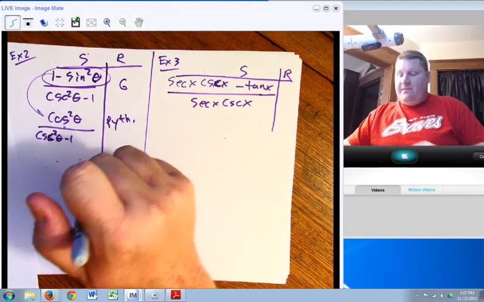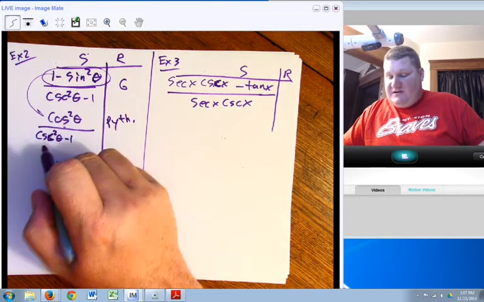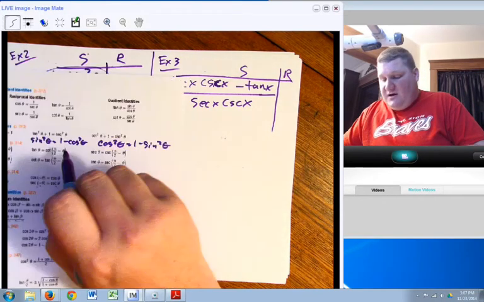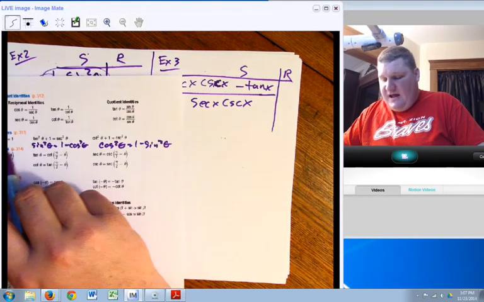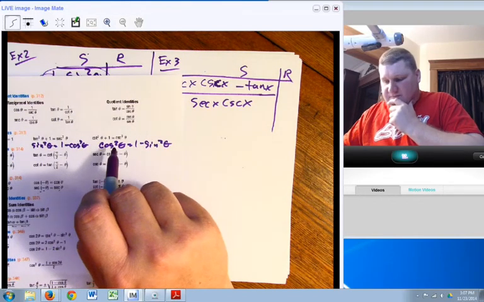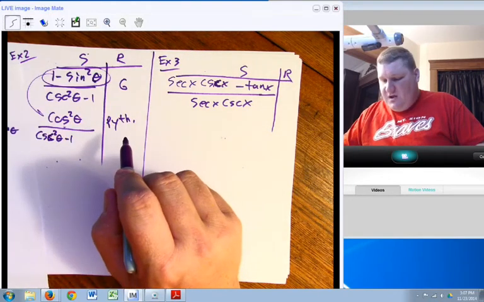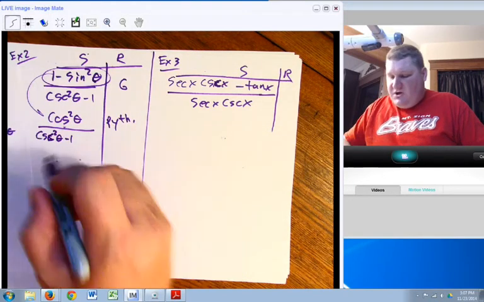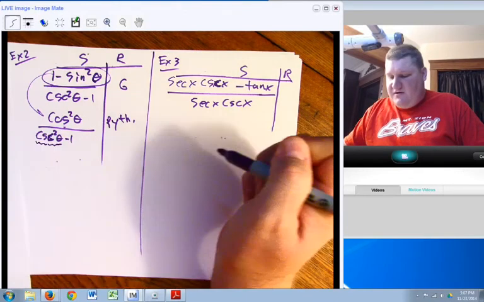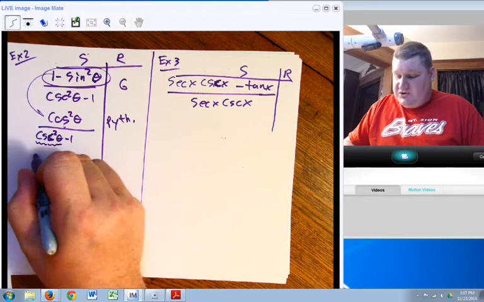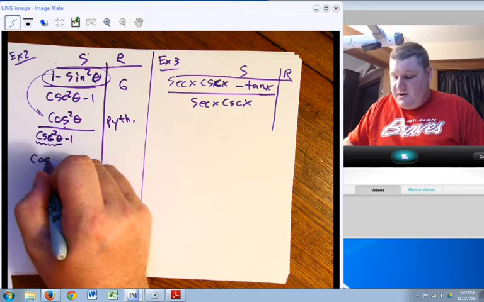Now, the next thing is say, ooh, I see cosecant squared theta minus 1. But up here, I don't have any of those things. Could I replace cosecant squared theta with cotangent squared theta plus 1?